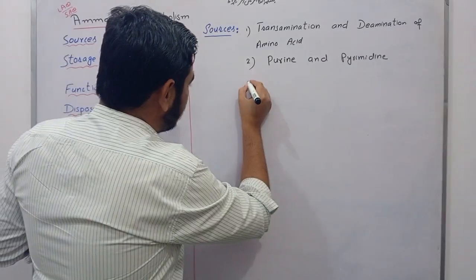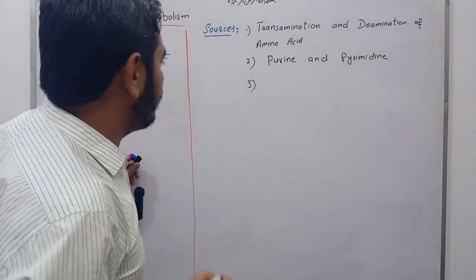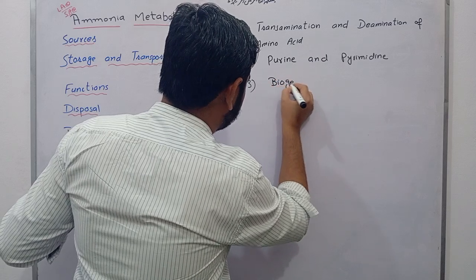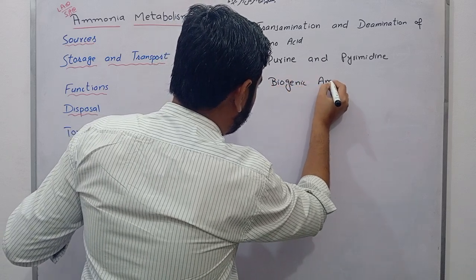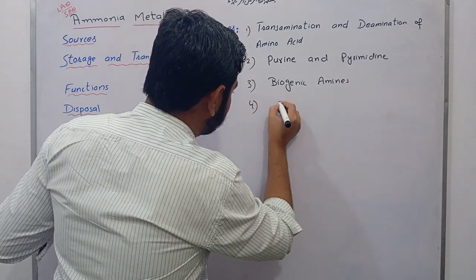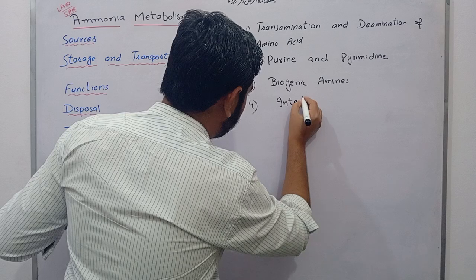Now coming toward the third source of the ammonia, and that is biogenic amines. Now coming toward the fourth source, that is intestinal bacteria.